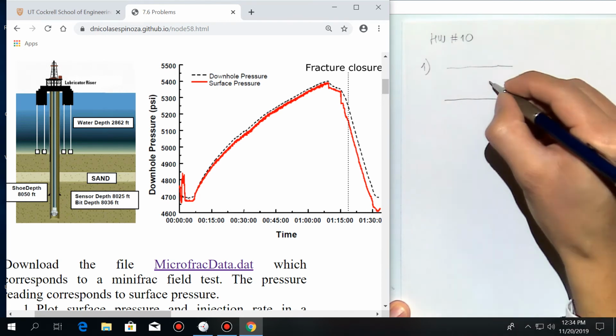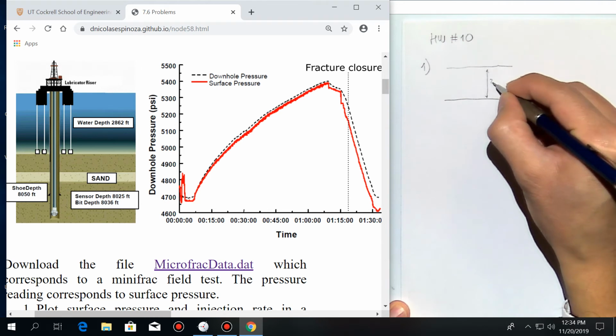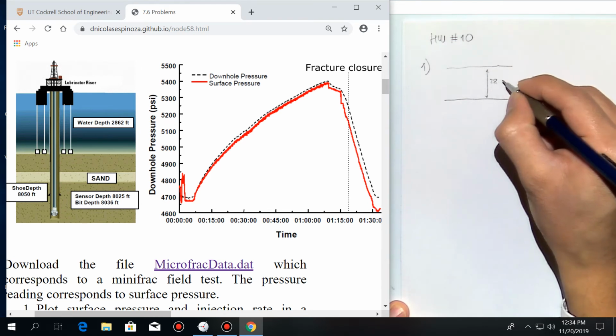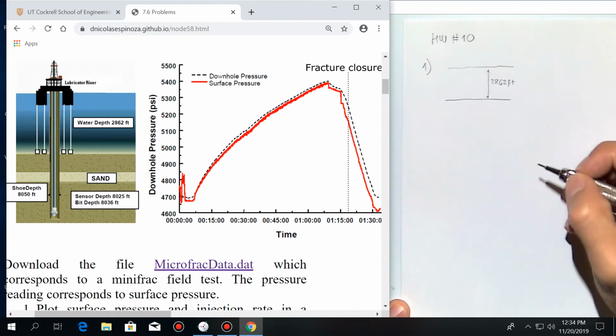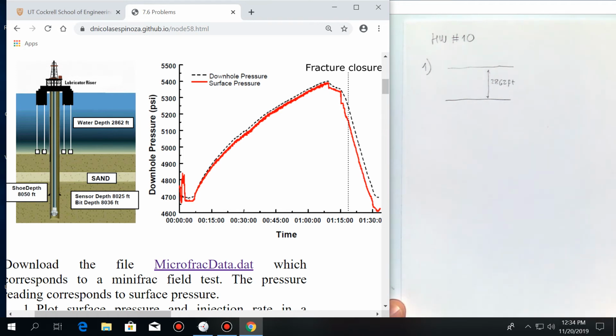I read from there that there is a water depth of 2,862 feet. And I also read that the leak-off test was conducted at more or less 8,050 feet of true vertical depth.